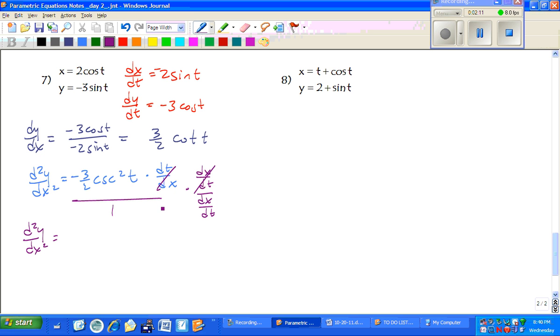So that's going to cancel the one out on the top. We're going to have negative 3 cosecant squared of t. That 2, I'm going to go ahead and put that on the bottom with our dx/dt. And remember, dx/dt is negative 2 times sine of t.